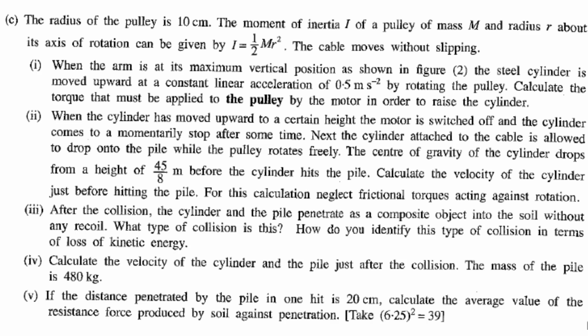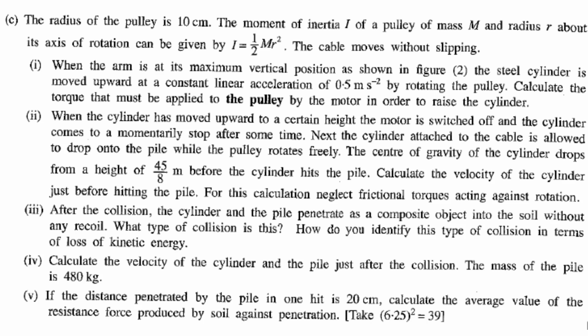Part 3. After collision, the cylinder and pipe penetrate as a composite object into the soil without any recoil. What type of collision is this? How do you identify this type of collision in terms of loss of kinetic energy?